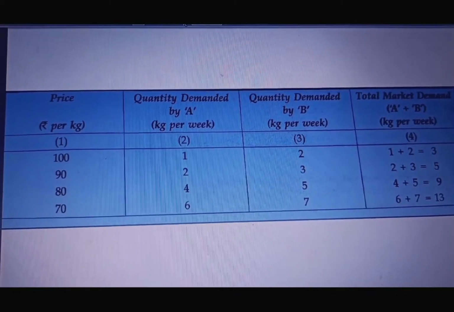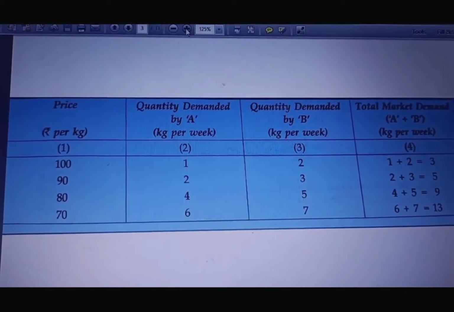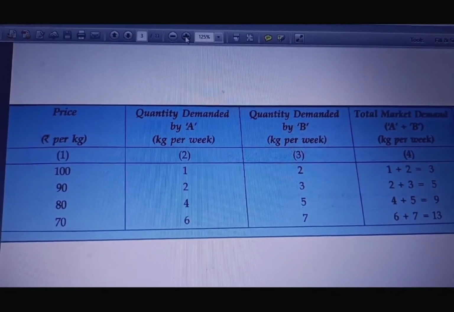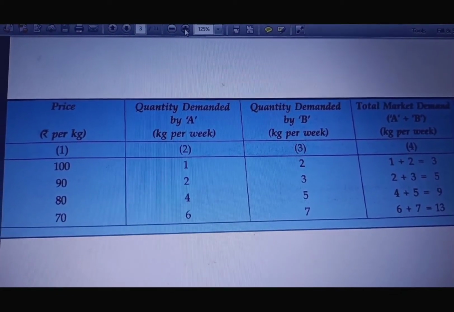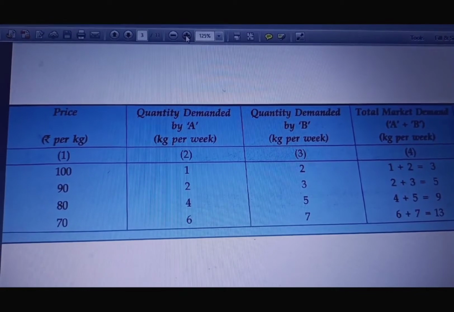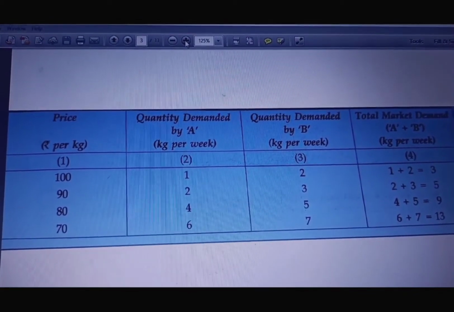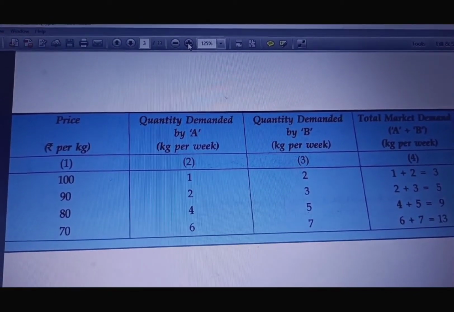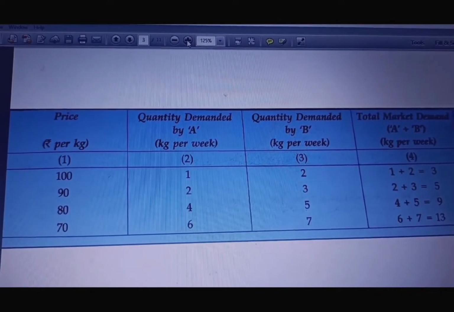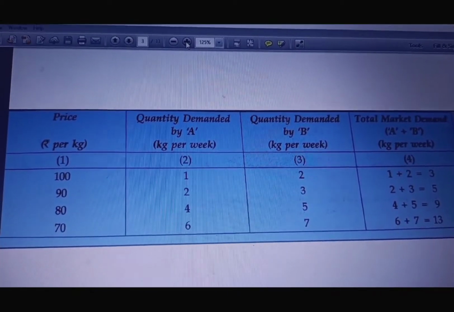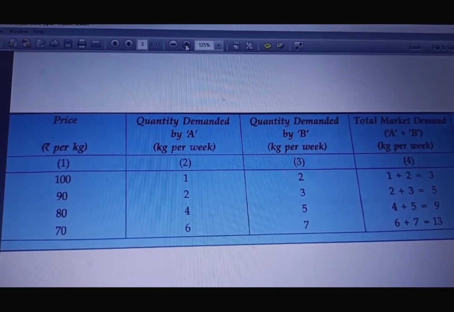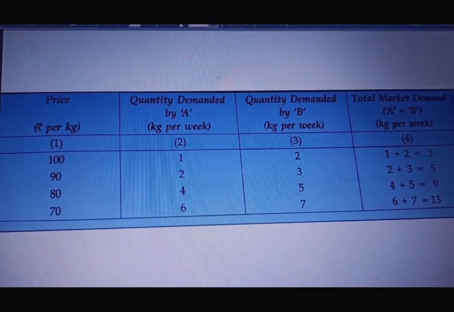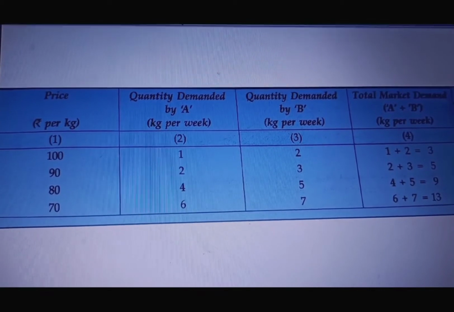Let's have a look at how to make the market demand curve. For that we go through the same table which we followed before: price in rupees 100, 90, 80 and 70, quantity demanded by consumer A, quantity demanded by consumer B per week, and then the total A plus B. This is the demand schedule we will follow to make the market demand curve.